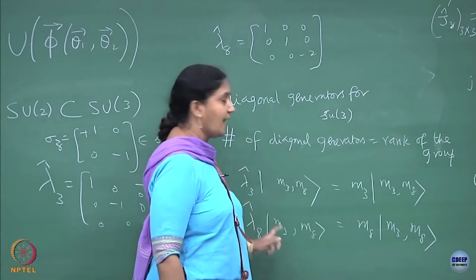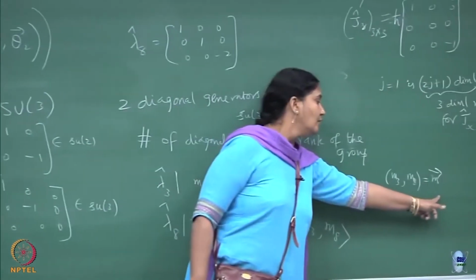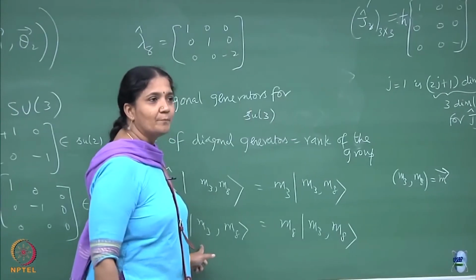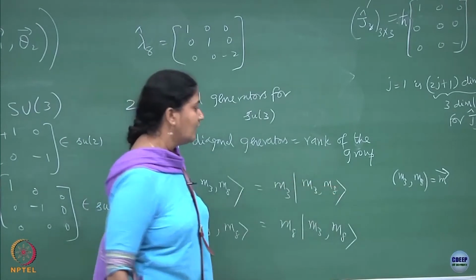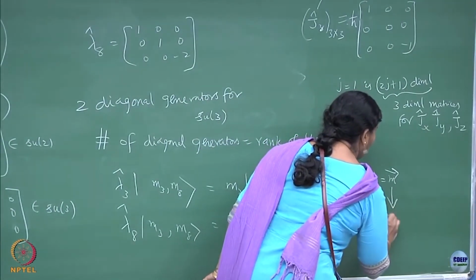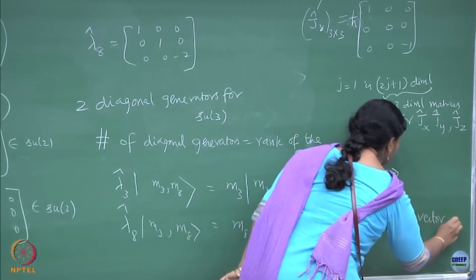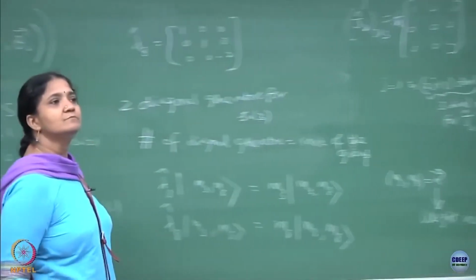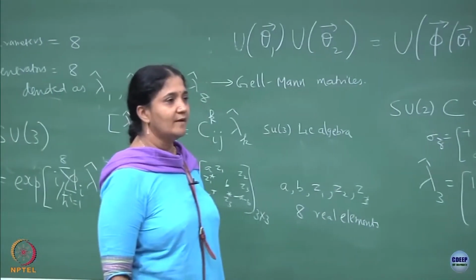If lambda 8 acts on the M vector, it is a 2-dimensional vector, you get the second component. This is a shorthand notation. And this is what we call a weight vector. Okay. So the M vector is called a weight vector.